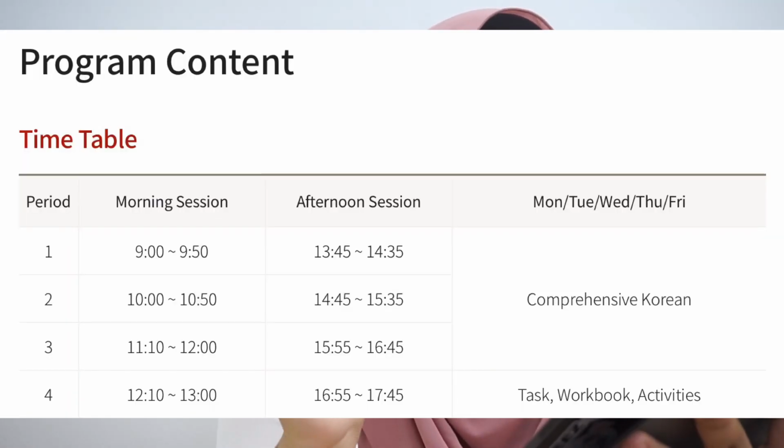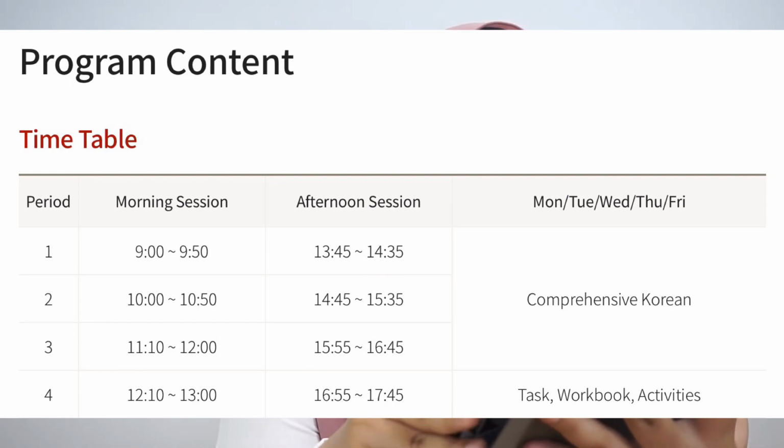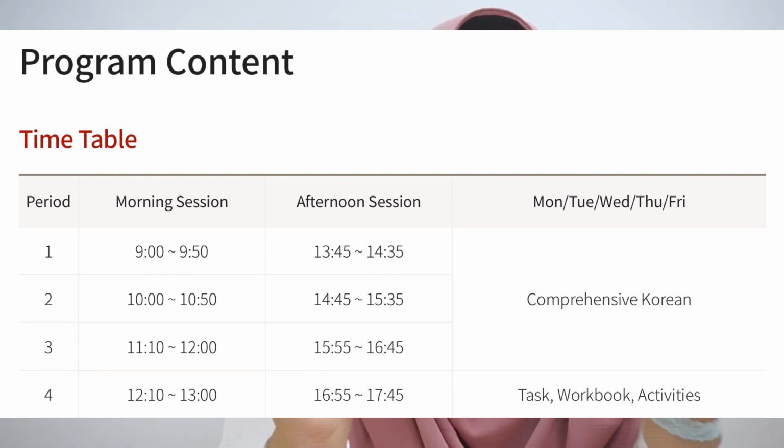So for the program content, the timetable, everything is 4 hours per day, from 9 until 1 for the morning class, and 1:45 until 5:45 for the afternoon session. As you can see here, in one week they only have 5 days of classes. Monday, Tuesday, Wednesday, Thursday, and Friday, literally like school. It's basically a language school here.